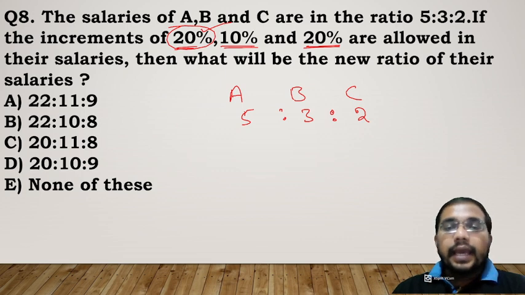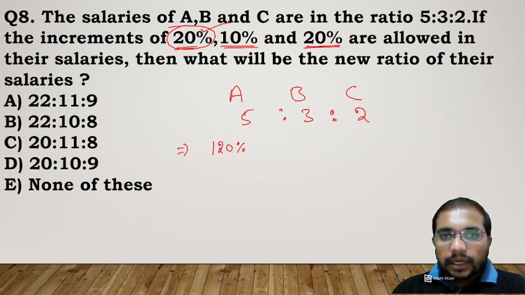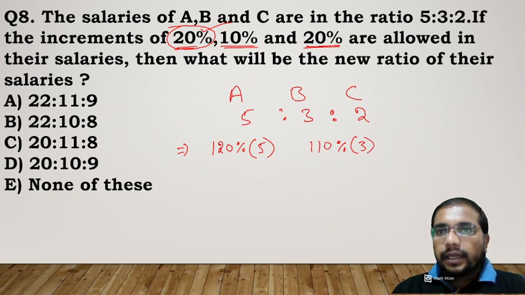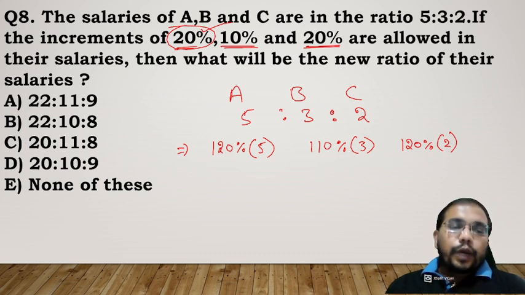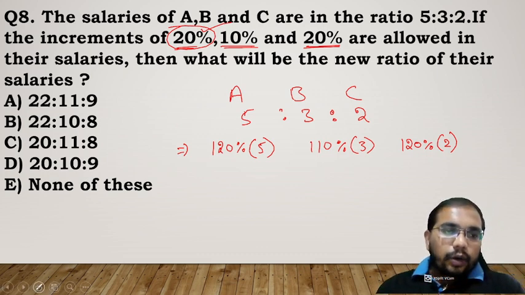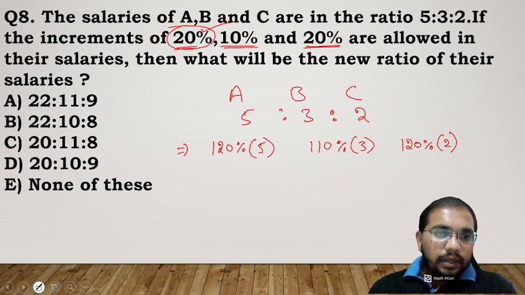That means A new income is how much? 120% of 5. B new income is how much? 110% of 3. C new income is how much? 120% of 2. If you are having any doubt like, sir, how are you writing directly, let me tell you.